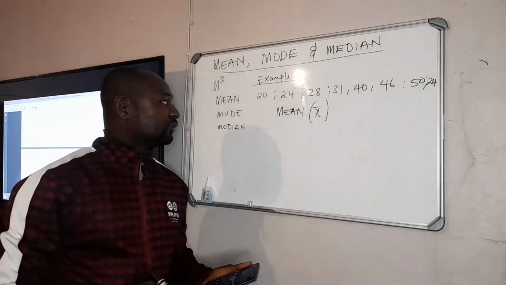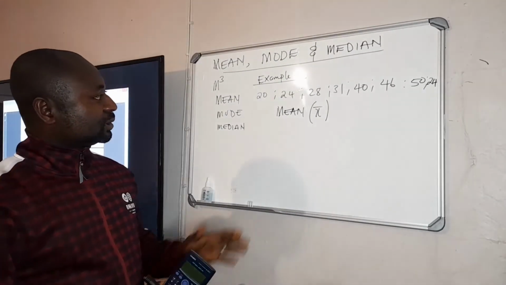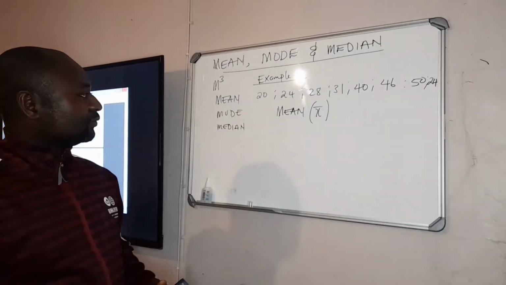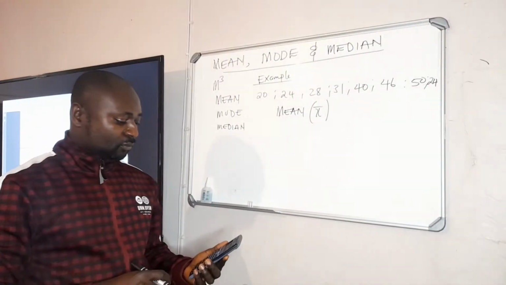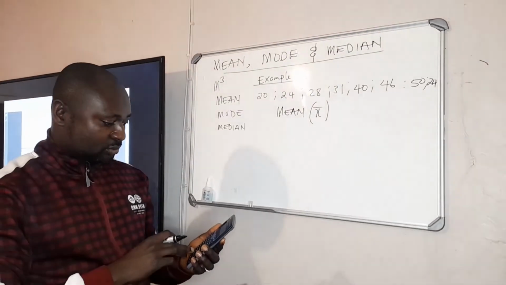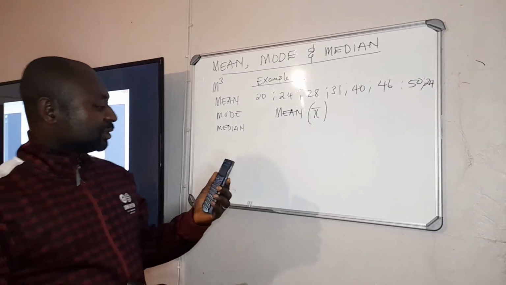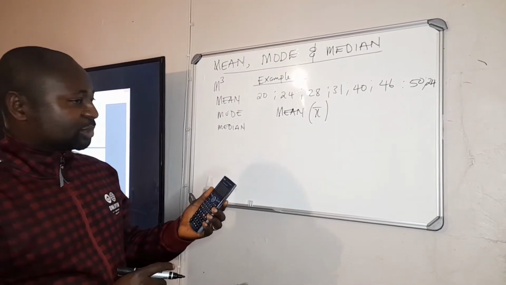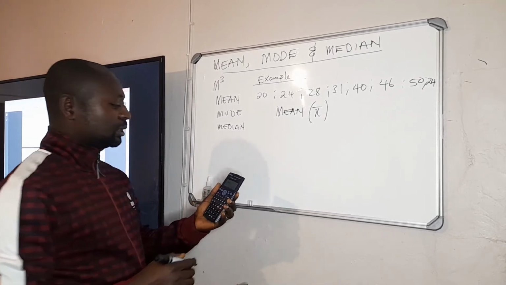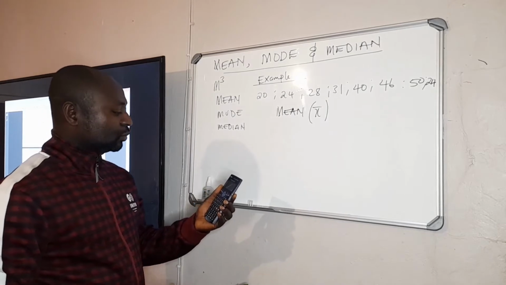When you are looking for the mean, you just add all the numbers and divide by the total number of data that has been given to you. Or if you are using the calculator, you go to mode and you go to option number 2, statistics, and mean is part of the variance, so you choose option number 1. Then it will open the table for you, and then you capture.